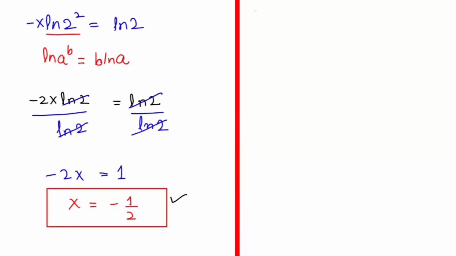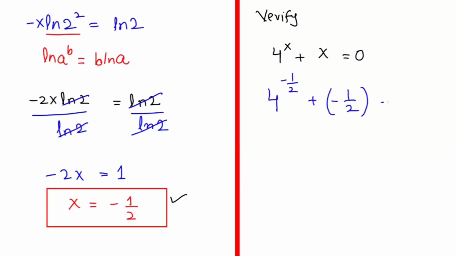Now I'm going to verify my answer. Our expression is 4 to the power of x plus x is equal to 0. Now the value of x we found is negative 1 over 2, so 4 to the power of negative 1 over 2 plus negative 1 over 2 is equal to 0. Now here we're going to write 2 to the power of 2 and whole to the power of negative 1 over 2.